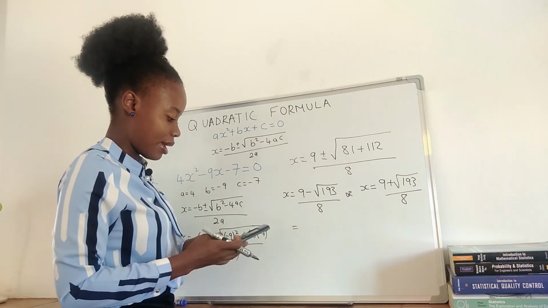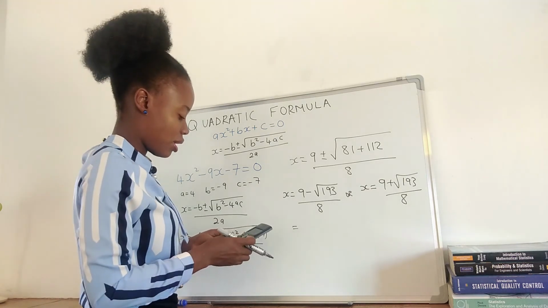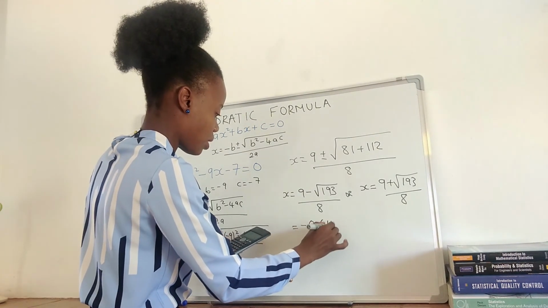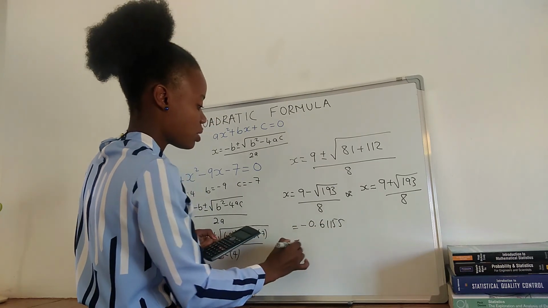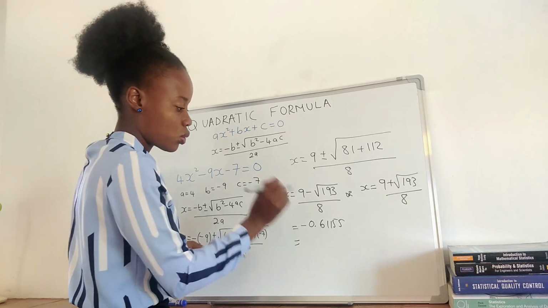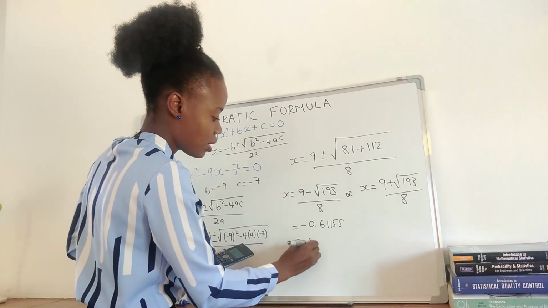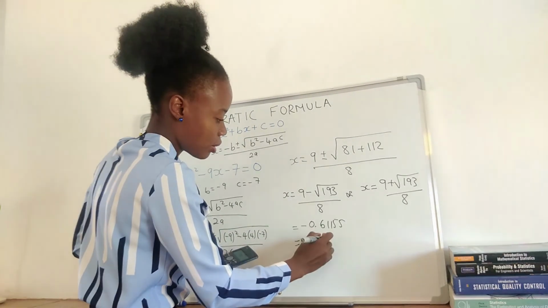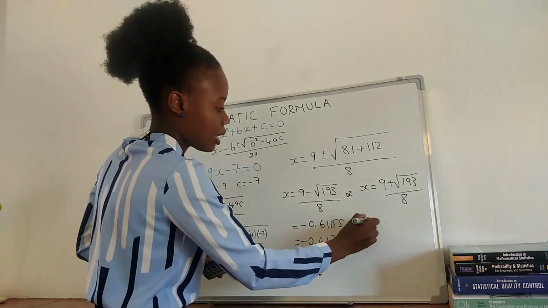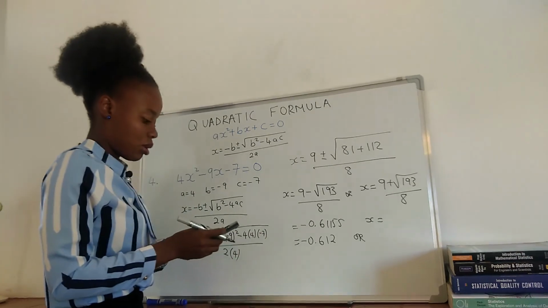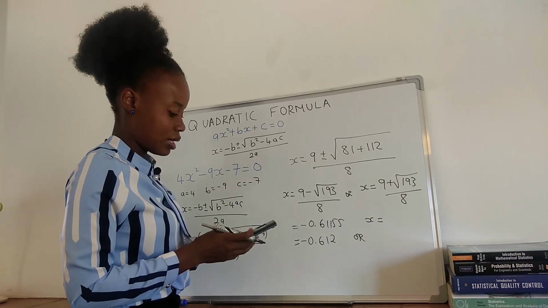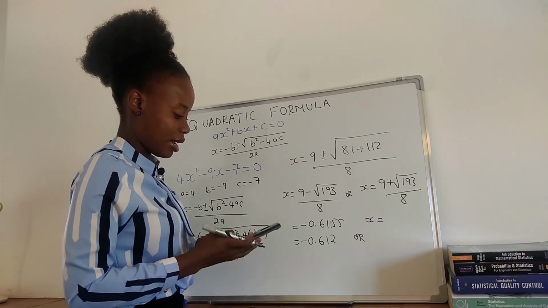193 divided by 8, we're going to have negative 0.61155. You round off to 3 significant figures, you're going to have negative 0.612, or x is equal to 9 plus square root of 193 divided by 8.